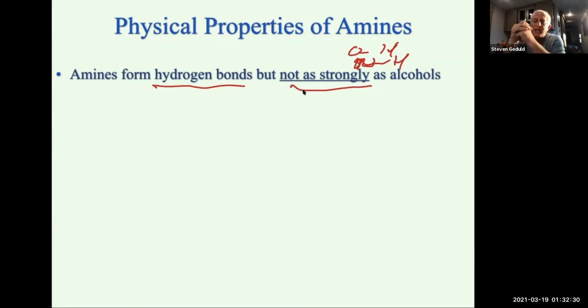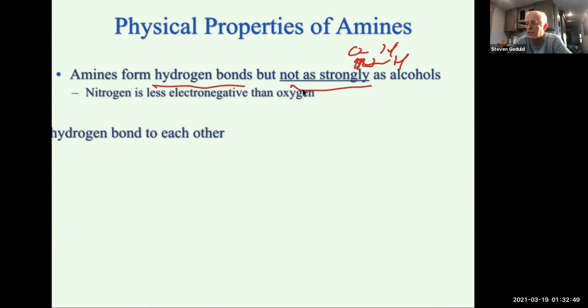Nitrogen is still more electronegative than hydrogen, but it's not as much as oxygen. So it does pull electrons towards it, but not as much as oxygen. So you do have hydrogen bonds, but they're not as strong as the hydrogen bonds formed when you have alcohols. So nitrogen is less electronegative than oxygen and attracts electrons a little less.